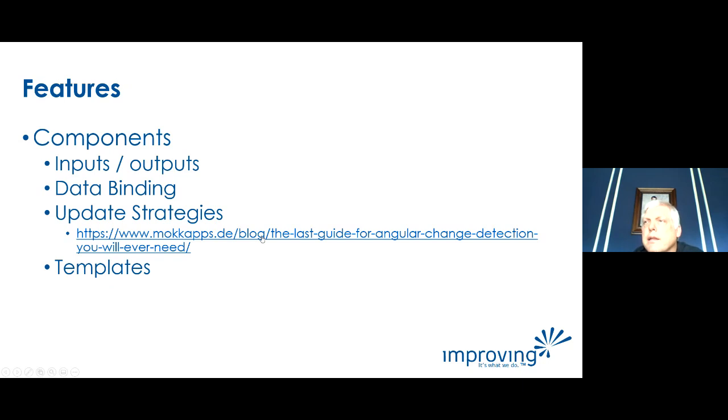And the last piece that I want to talk about is templates. Components are overused when you first start off with Angular. You typically generate a lot of components because you think that that's the right thing to do. And sometimes it is, and sometimes it's not.